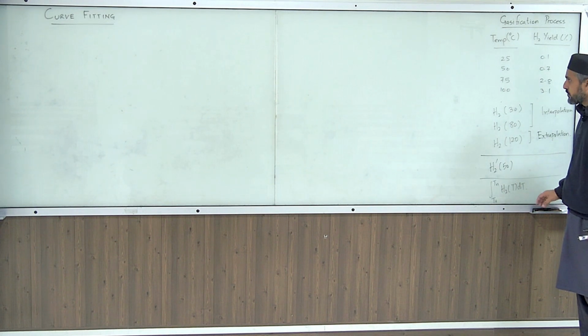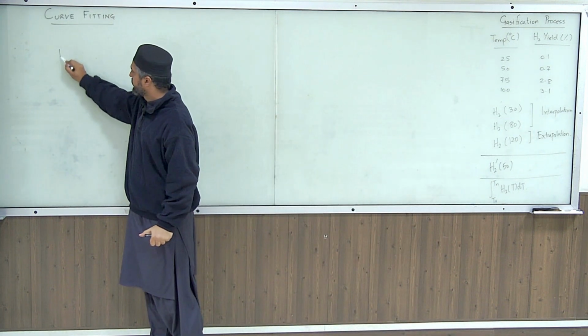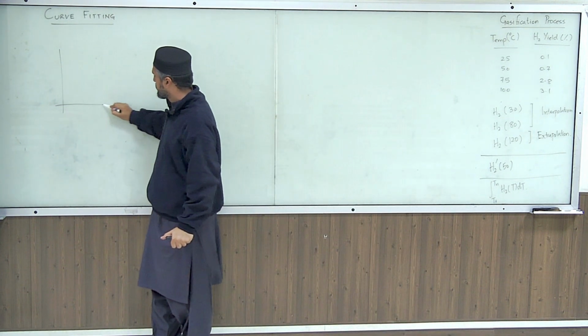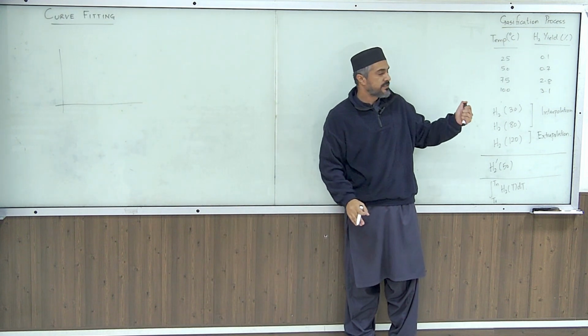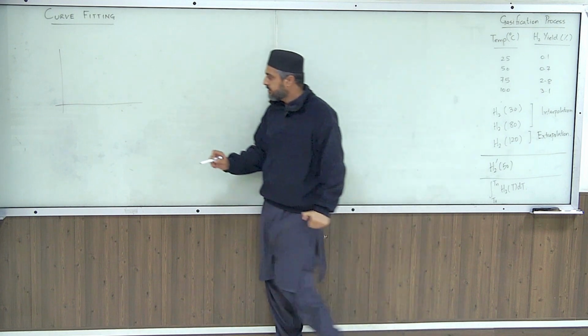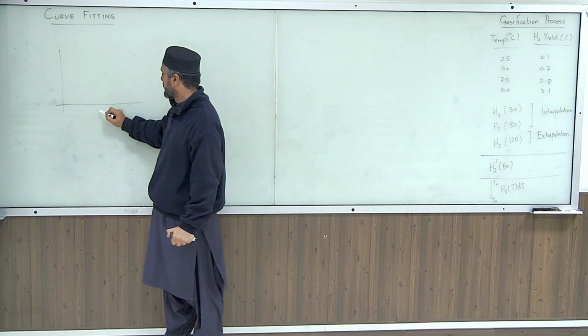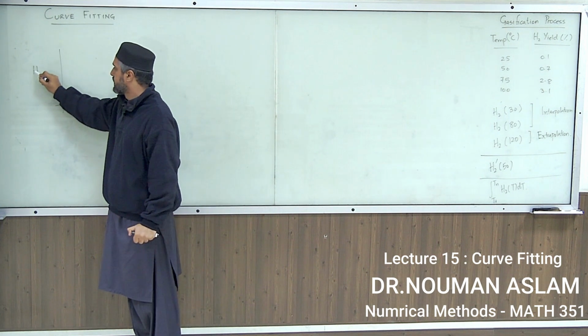Okay, starting with this, let me draw the first step that we are supposed to do. We're starting with two variables: one is the dependent variable, the other is the independent variable. For example, I have temperature here and hydrogen yield here.